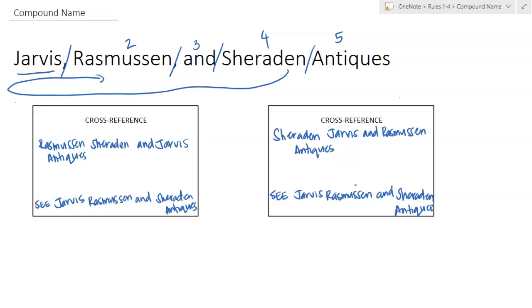To reiterate, using these cross-references helps us find the records if you only know part of the name or one of these names listed.